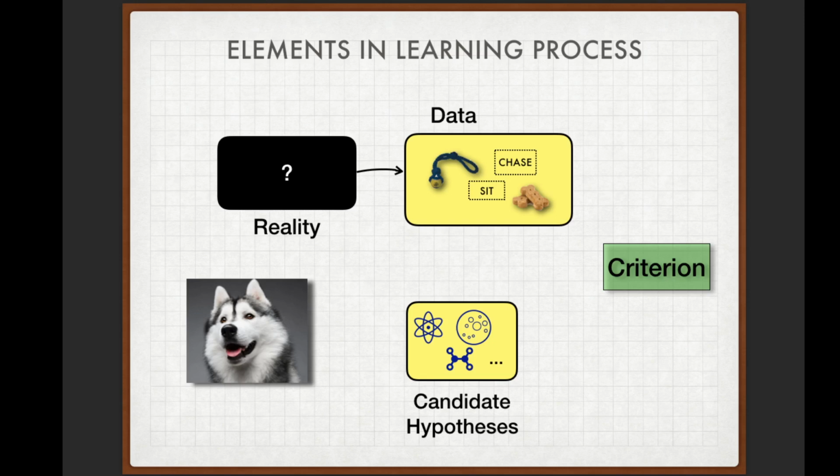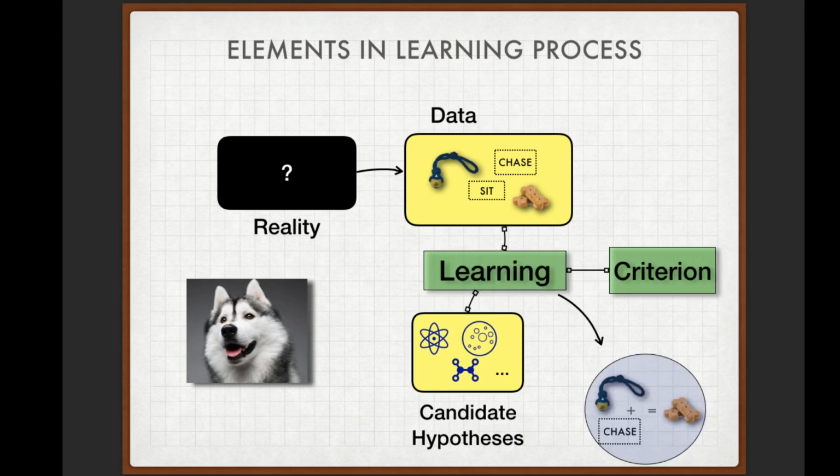So the learning is to compare those hypotheses with respect to the data according to some criterion. And this selecting operation is what we normally call learning. Learning returns you an optimal hypothesis that has been selected from the hypothesis family, best fit to the data.